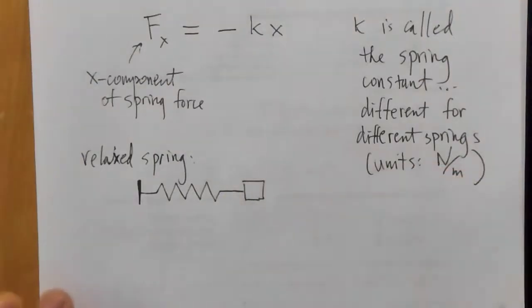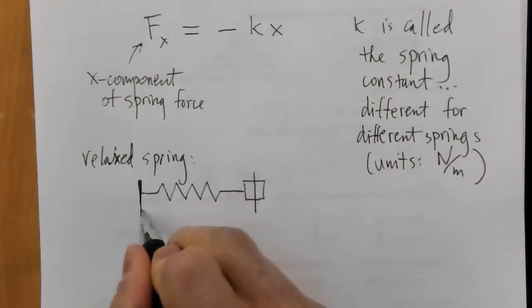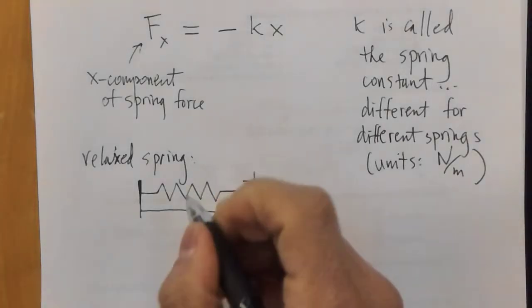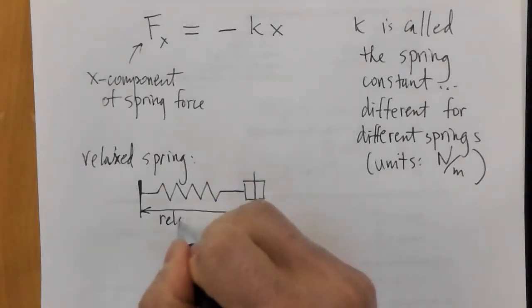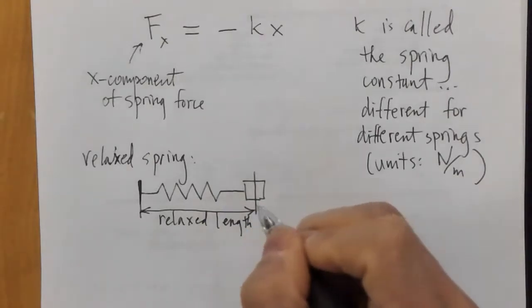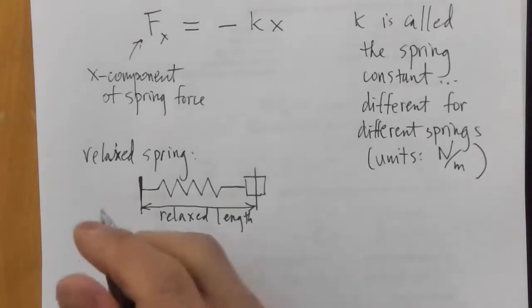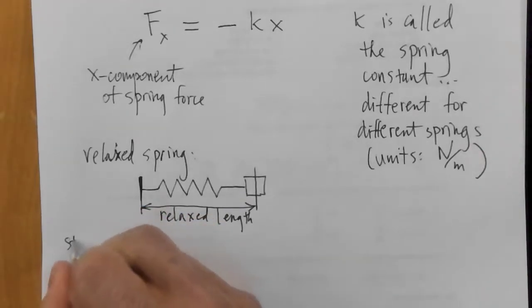So we have a mass attached to a spring, and this mass has a relaxed length, like this. This is the relaxed length. That's where it goes naturally. Any questions about this? Now, we will draw a stretched spring.